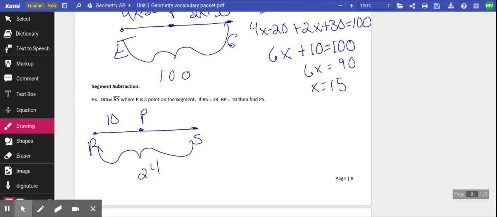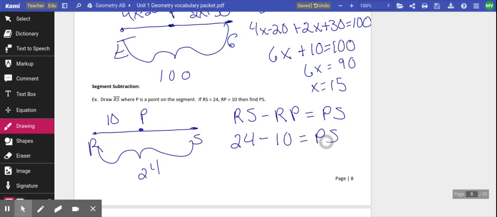We could do this problem using segment addition, which is RP plus PS equals RS, or the idea of segment subtraction is that RS minus RP equals PS. So I just rearranged that algebraic equation, and then it's 24 minus 10 equals PS, which means 14 equals PS.